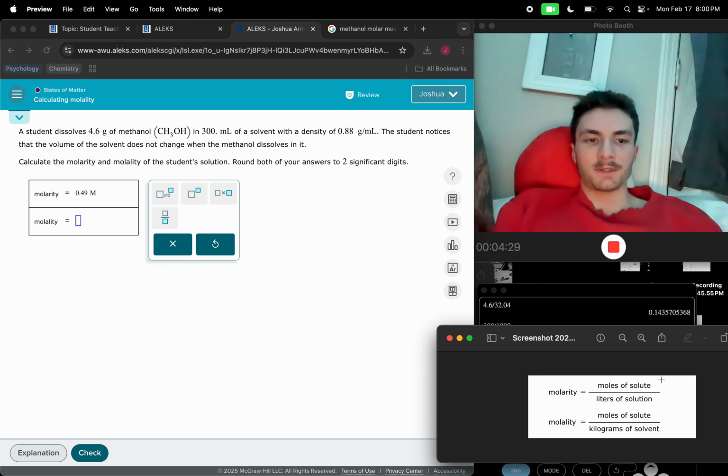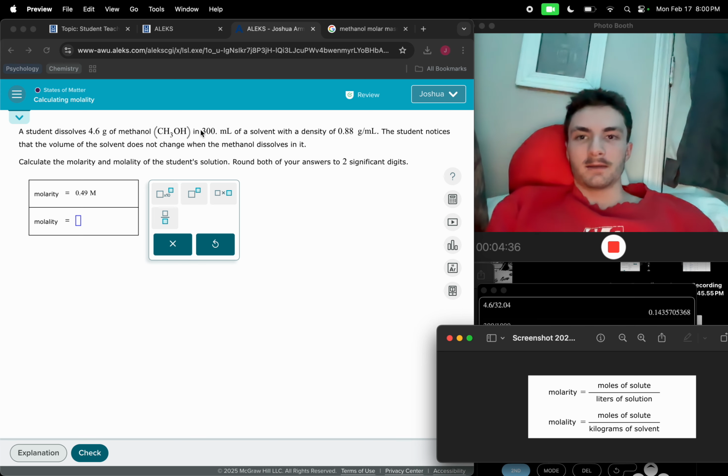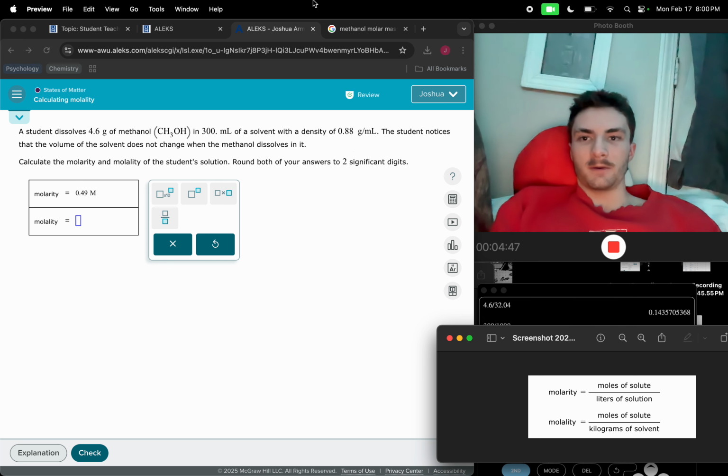For molality, we already have the moles. We just found it this way. Now we want the kilograms of solvent, right? But the difficult thing here is that it didn't give us the grams or kilograms of solvent. It gave us milliliters. So we have to use the density combined with the milliliters to find grams, and then from grams to kilograms to get the molality.